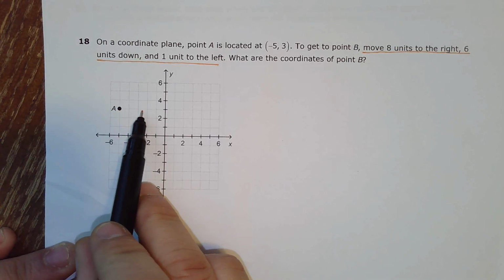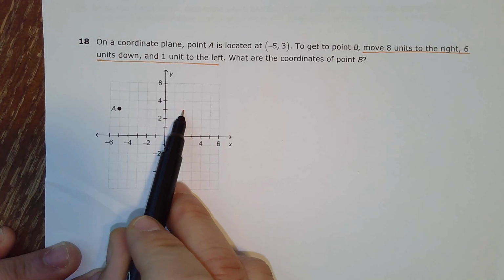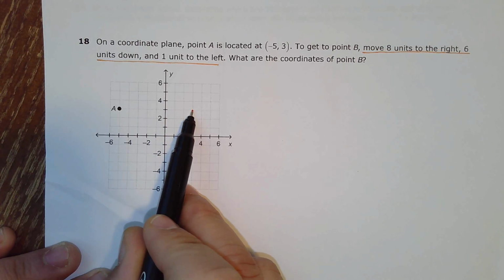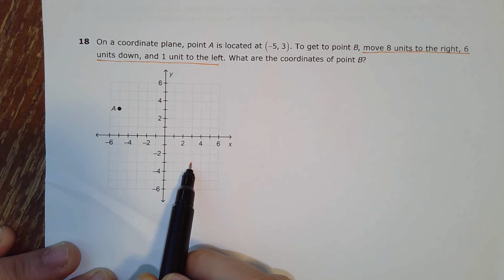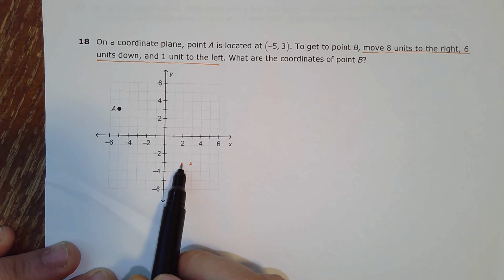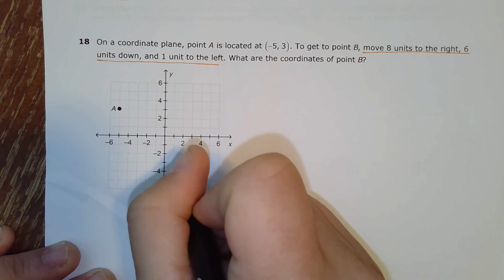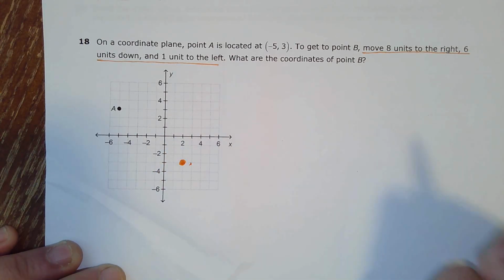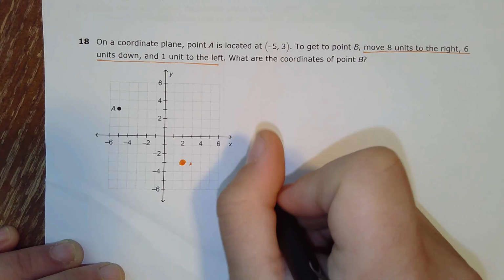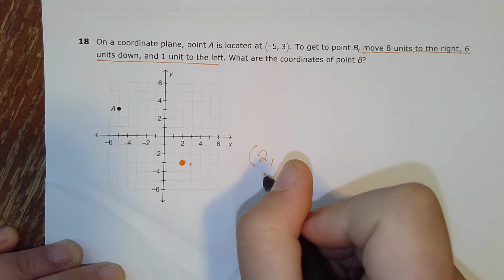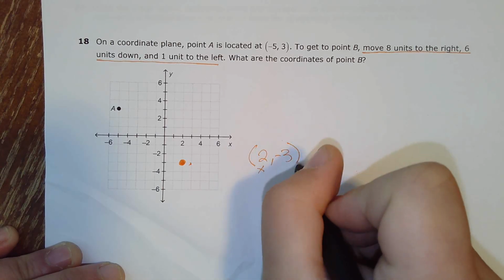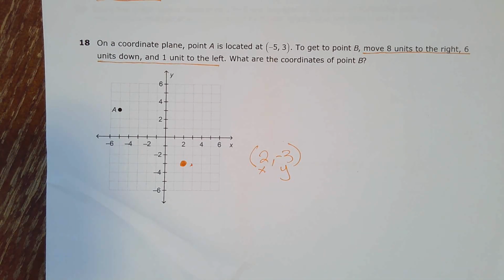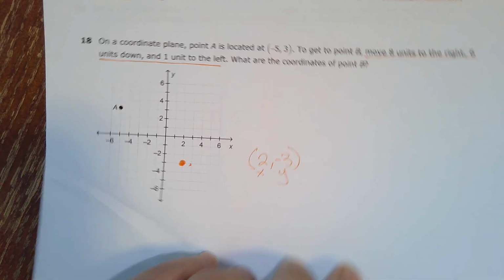Cool. 1, 2, 3, 4, 5, 6, 7, 8. 6 units down. 1, 2, 3, 4, 5, 6, and 1 unit to the left. 1. Here we go. Plot my dot. Ordered pair is going to be 2 is my x, and -3 is my y. Simple. Easy peasy, right?